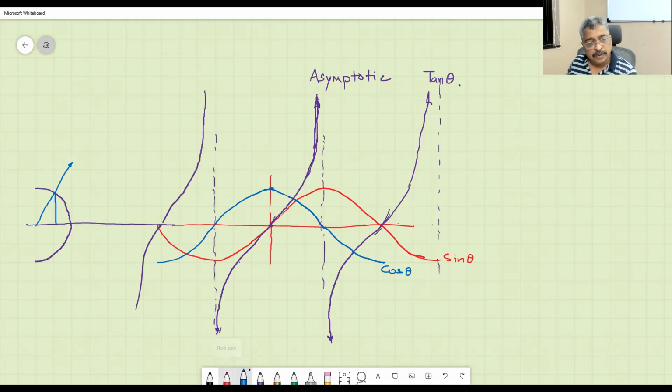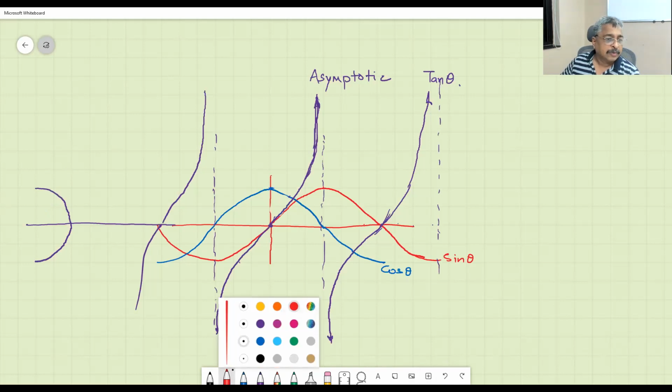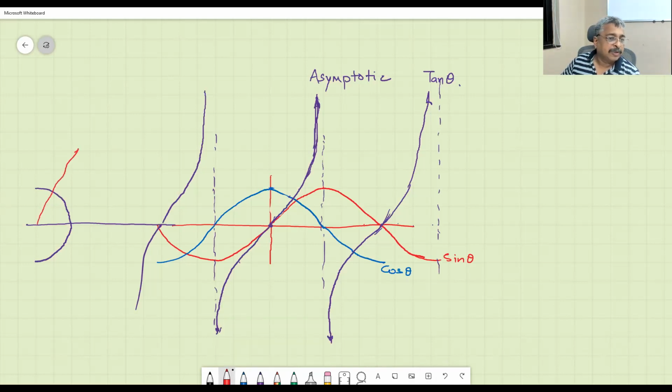Corresponding, this distance was red. Sine is red. So if this is your terminal ray, then this is your sine value. Then blue is cos. This is your cos value.